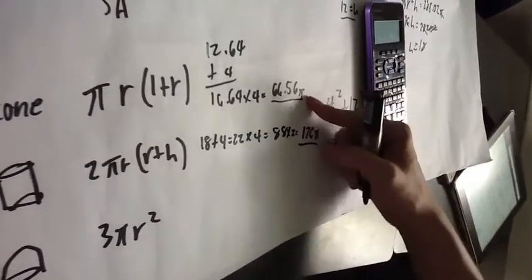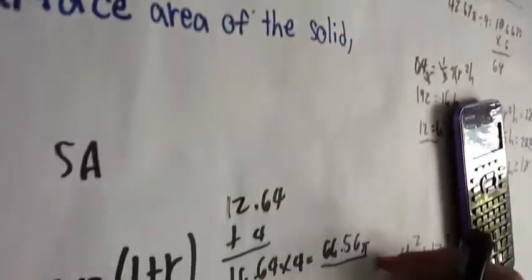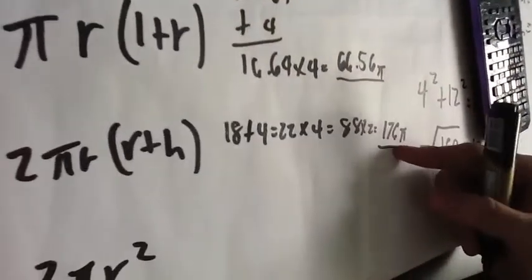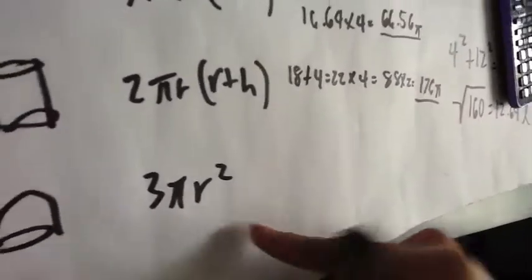That is the surface area for the cylinder. Okay, so now we have to find the last, which is this.